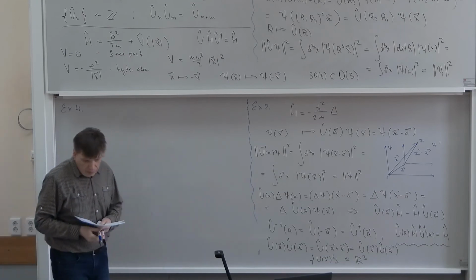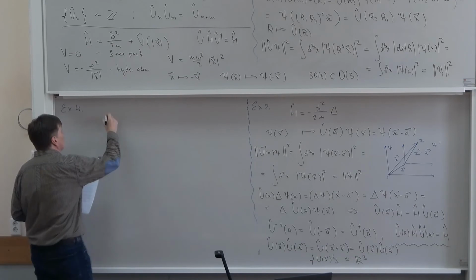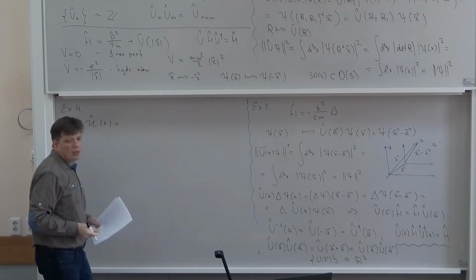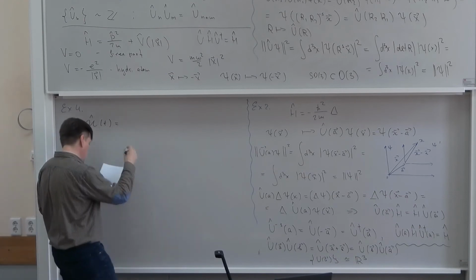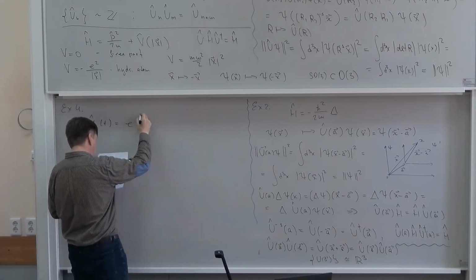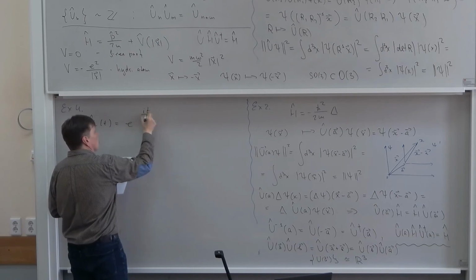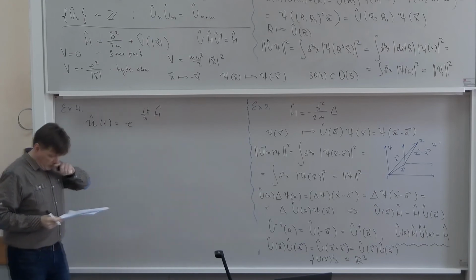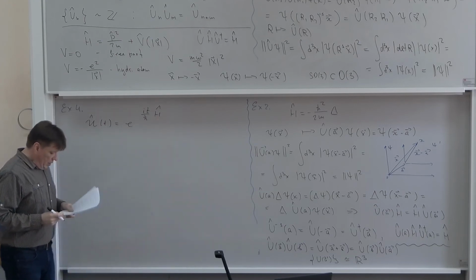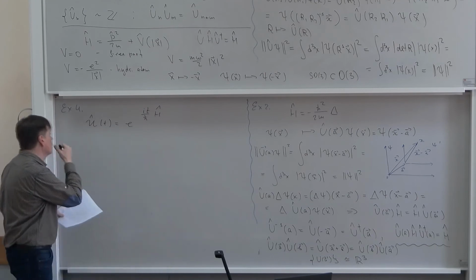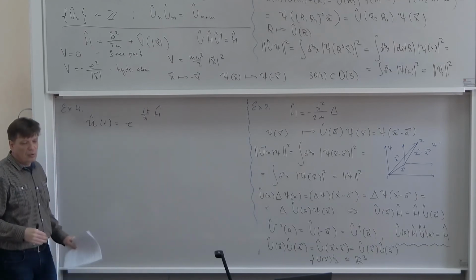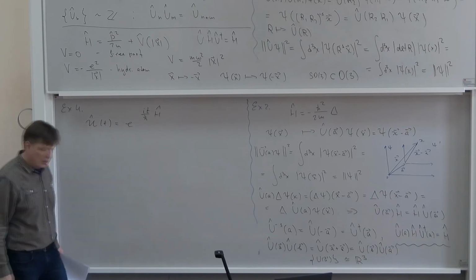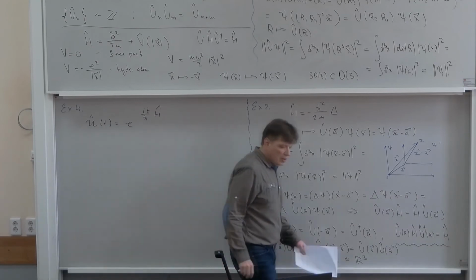Consider now an evolution operator, the evolution operator U of t associated to some time-independent Hamiltonian. This is given by the exponential function of minus i t over h bar times H hat, where H is the Hamiltonian of the system. By definition, each evolution operator defines a one-parameter family of unitary operators acting in the Hilbert space of states of our system.